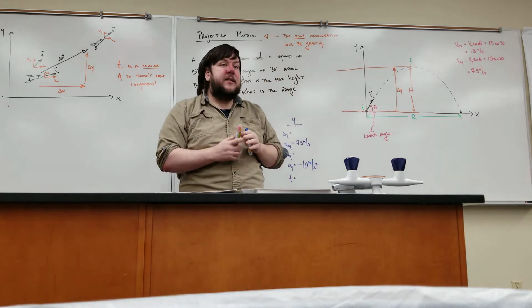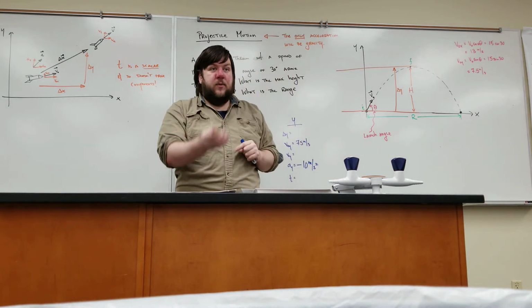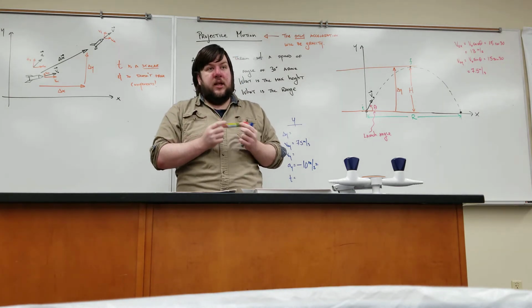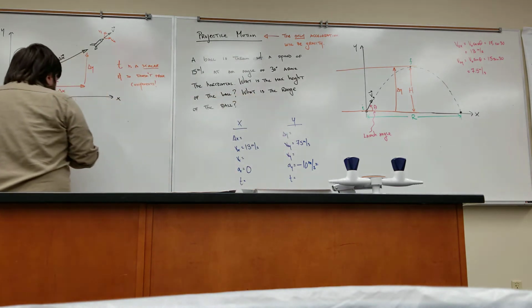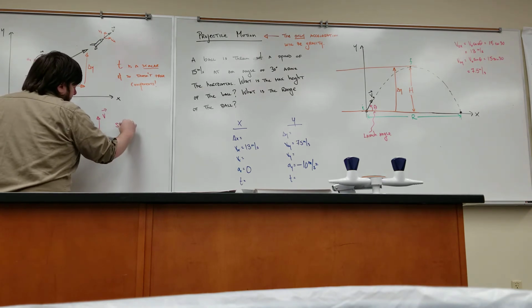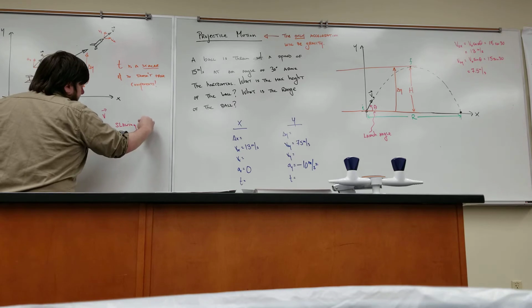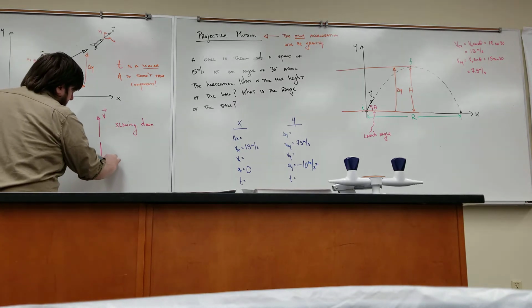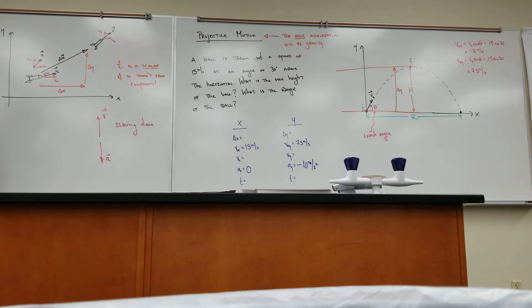The other thing is, when I throw an object upwards, what happens to its speed? It slows down. So if the object is moving upward, if this is its velocity and it's slowing down, where does its acceleration have to point? Downward. In the opposite direction.